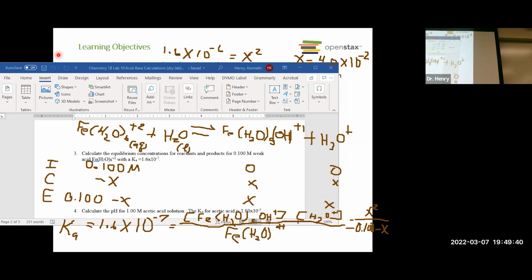That isn't right. 1.3 times 10 to the power of -2. Okay, that makes more sense.